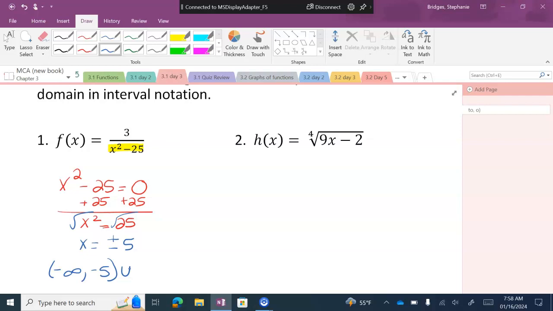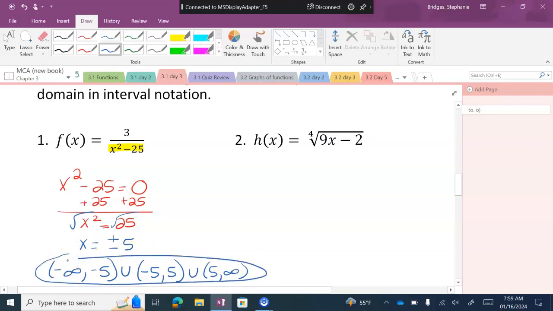And again, we're using parentheses because we cannot equal 5 or negative 5. And then I also need this last little interval here from 5 to positive infinity. So that would be the domain for that function there.